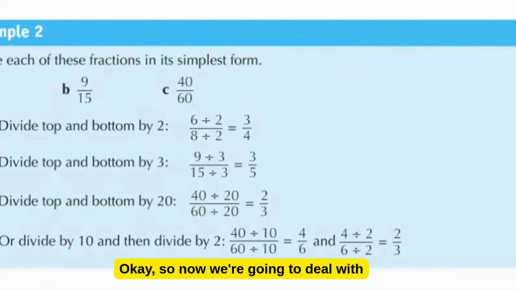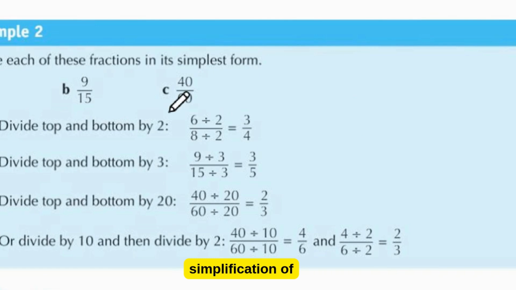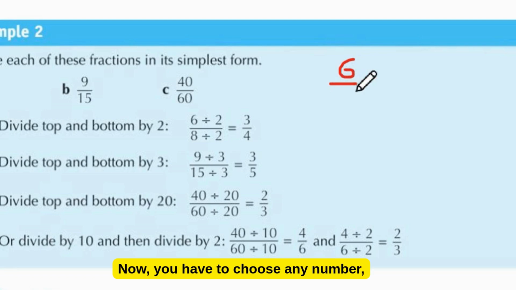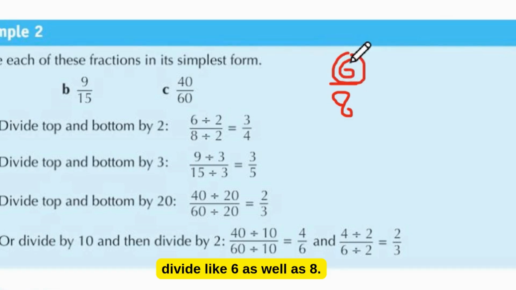Okay, so now we're gonna deal with simplification of fractions. For example, you are having 6 divided by 8. Now you have to choose the biggest number by which you can divide 6 as well as 8.